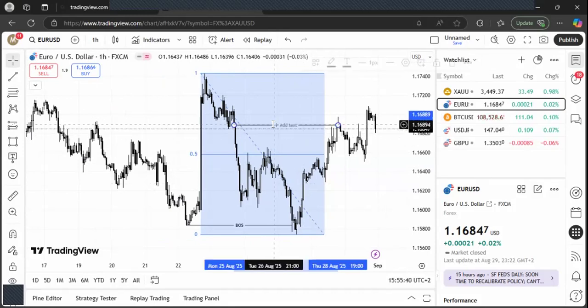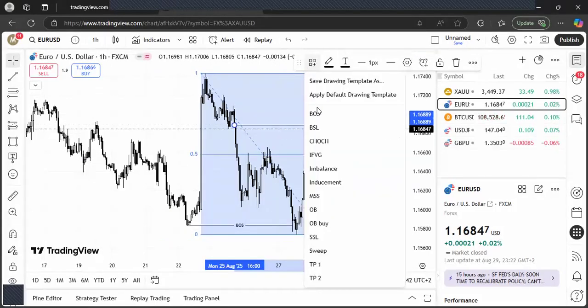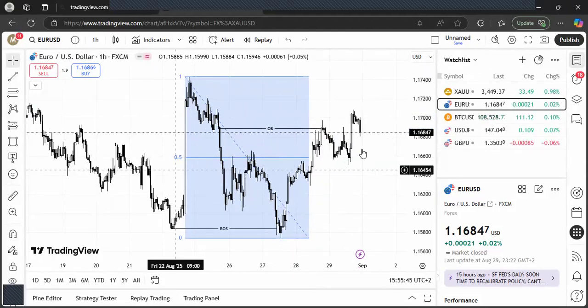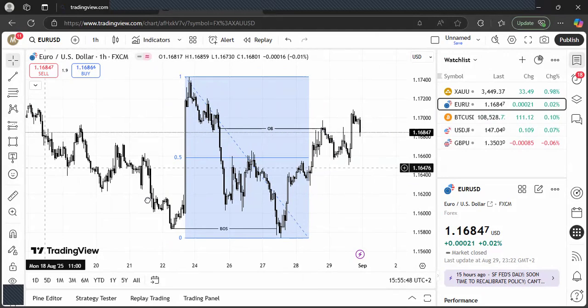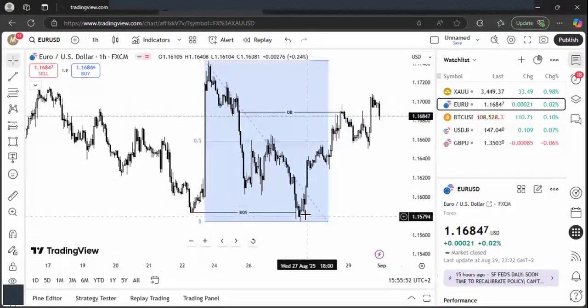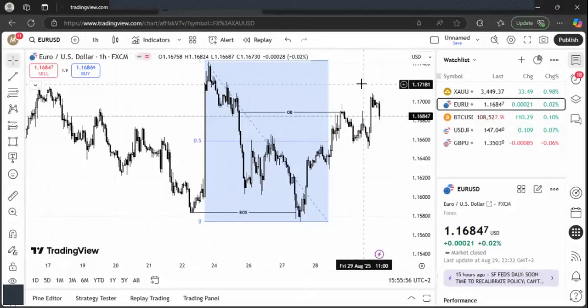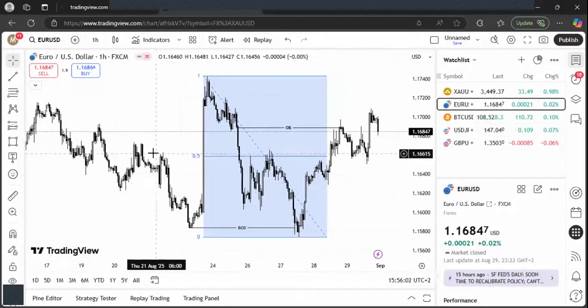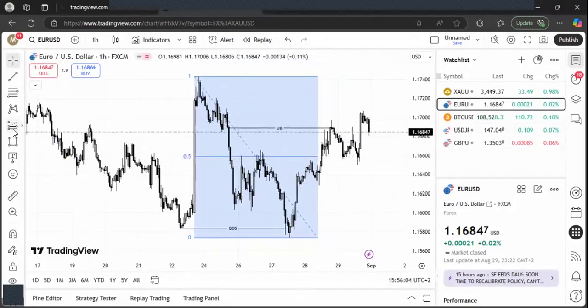But we haven't checked everything. I'm just saying for this part right there, I'm only focusing on this part. If we check more on the history, we might find that maybe this is just an inducement, and actually the market is going up or something. So I didn't check everything because we have to do this as quick as possible because I'm tired at the moment.